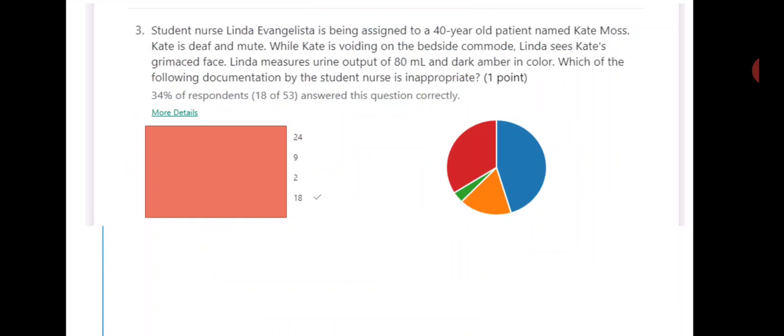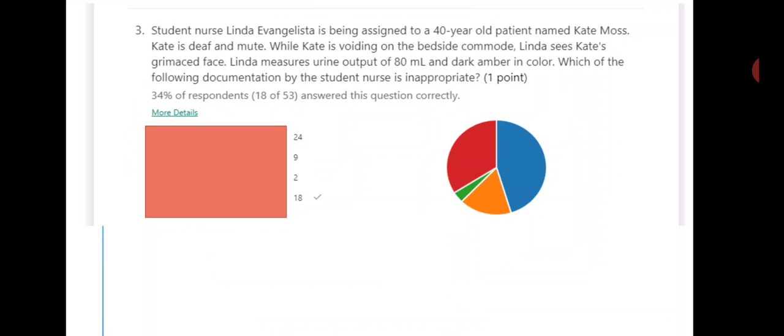Now, this question might look familiar to you, but this is one of the questions in the quiz last July 6th. It was about Linda Evangelista, who was a student nurse taking care of Kate Moss.